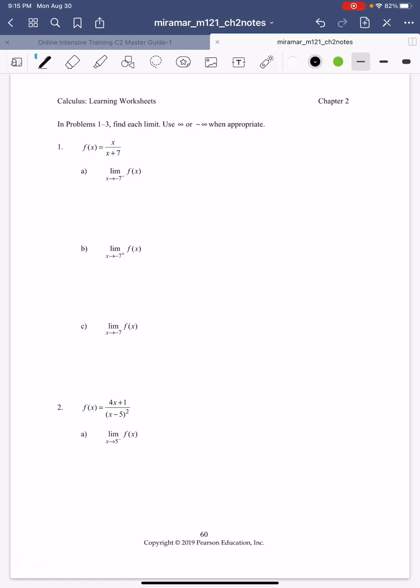Recall from chapter 2.1, when we talk about a limit, we are not just going to plug in negative 7. Technically speaking, we have to look at each one-sided limit, and then if these two match up, then the limit at negative 7 exists. So let's start by looking at the one-sided limits at negative 7. Part A: the limit as x approaches negative 7 from the negative side of f of x.